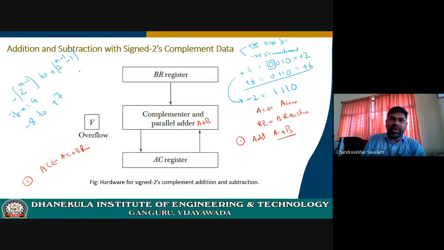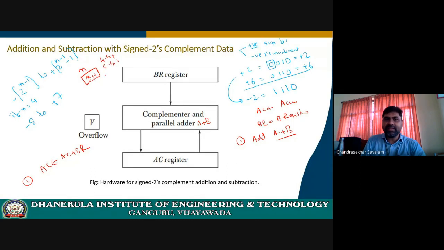Suppose you are going to add two numbers of bit length n. The result may have bit length n plus 1. Suppose you want to add two 4-bit numbers; after adding, the result may be 5-bit.